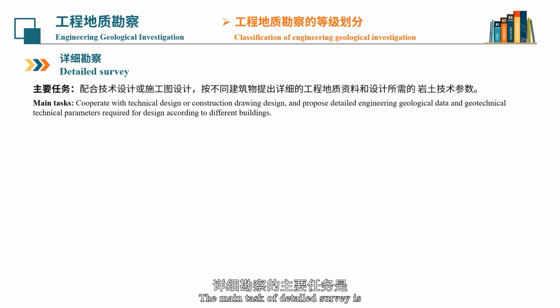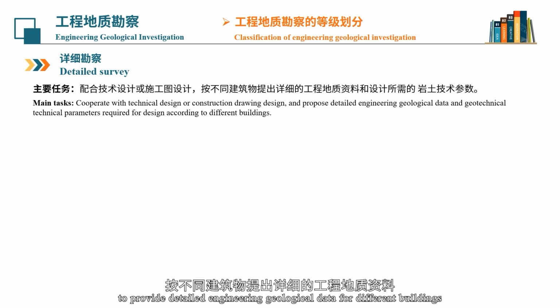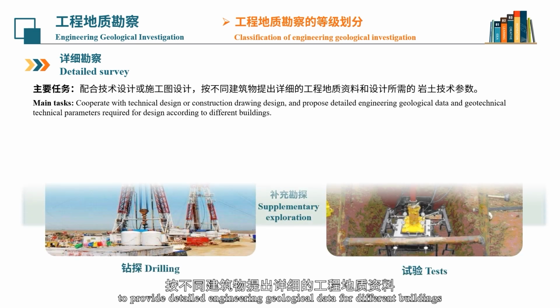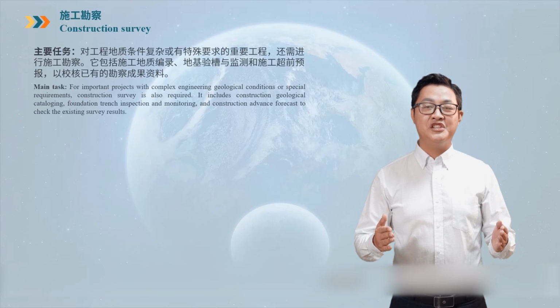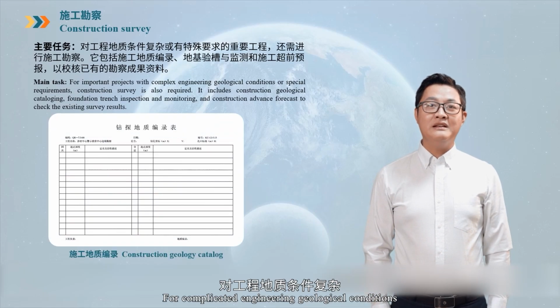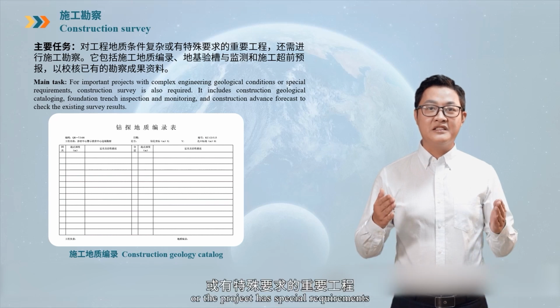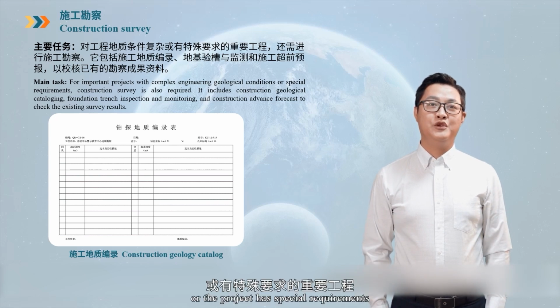The main task of detailed survey is to cooperate with technical design or construction drawing design to provide detailed engineering geological data for different buildings and geotechnical engineering technical parameters required for design. The survey methods are mainly test and supplementary investigation for complicated engineering geological conditions, or the project has special requirements.